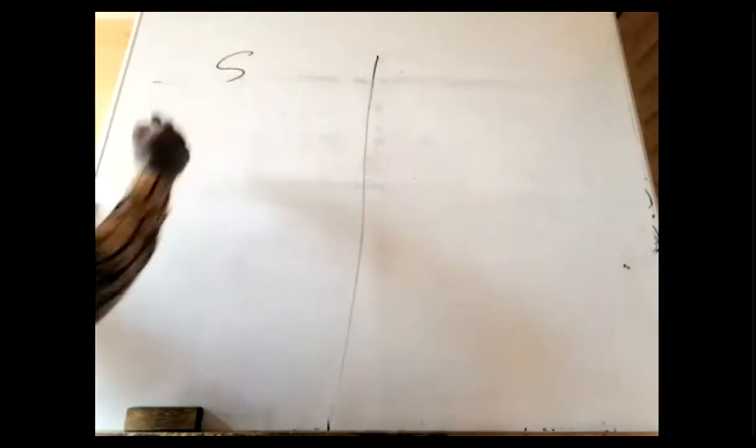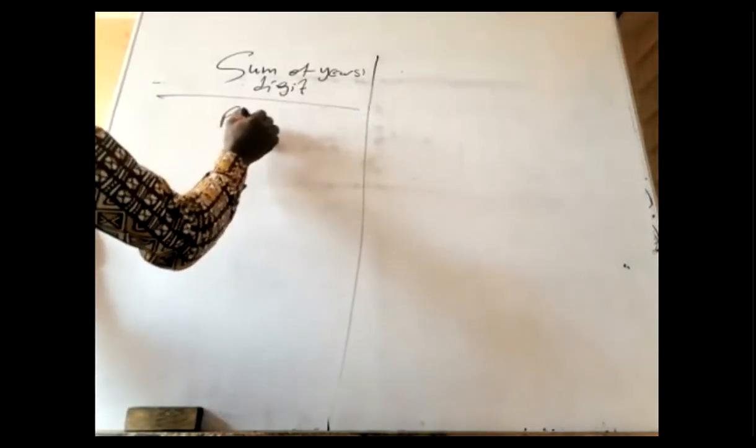So here, we're looking for the sum of the years' digits. For that one, we still need our P&L, year 1, year 2, year 3.